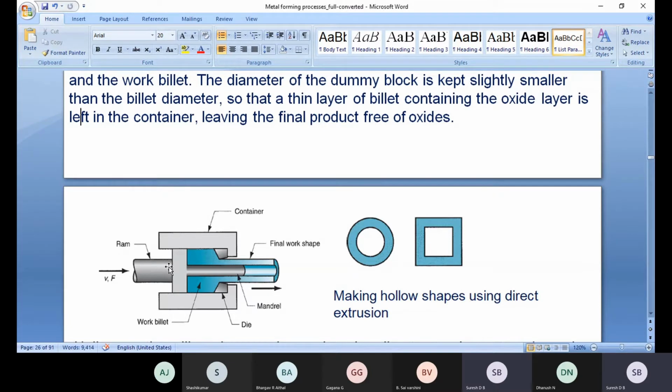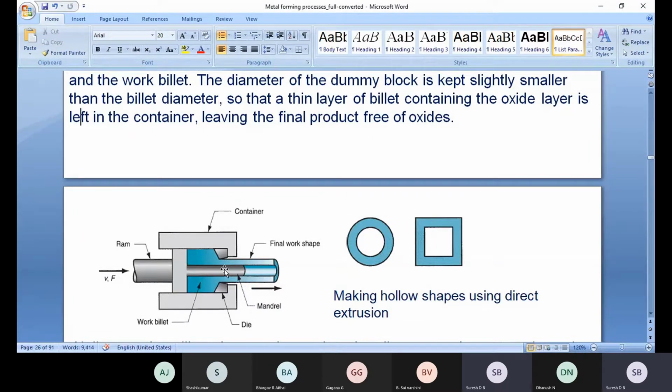Once the ram and plunger move in the rightward direction, due to the external force or load, the entire material inside the container is completely compressed, and the deformed material moves through the gap. How do we maintain the thickness of tubes, such as medical tubes or toothpaste tubes? Depending on the thickness, you maintain the gap between the die and the mandrel.